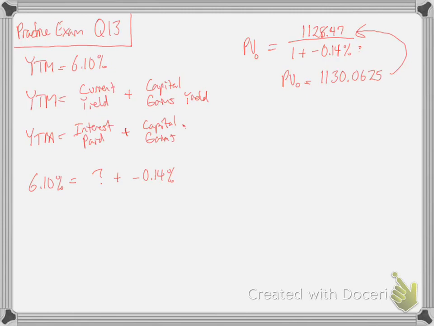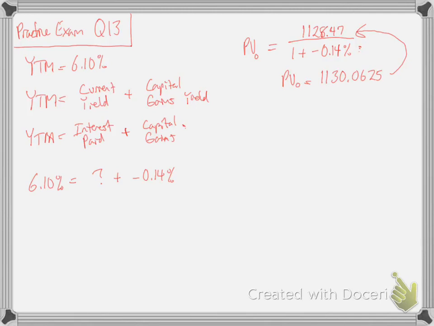Knowing that, we can use this formula here to rearrange it and solve for what we're looking for. And remember, what we're looking for is how much interest was paid. Okay, so we can look for the current yield here.